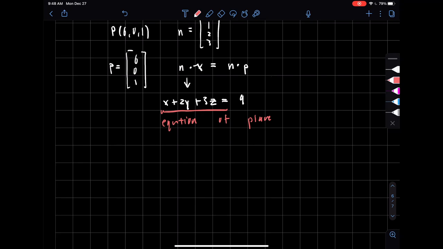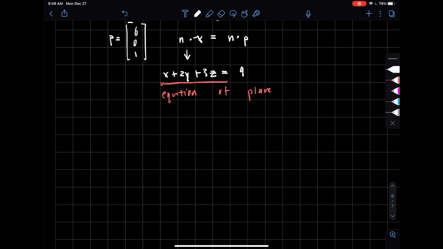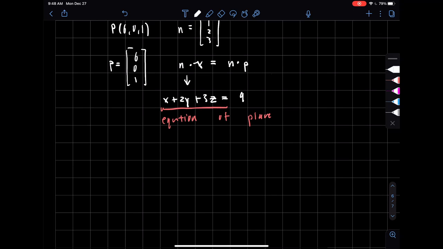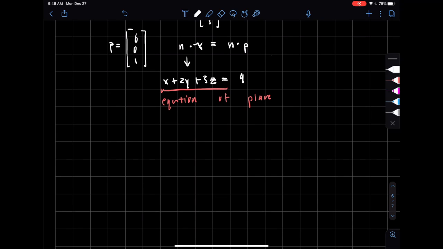Then we have to think about what values of x, y, and z would fulfill this requirement. Initially I thought (0, 0, 3) would work, and (1, 1, 2) would also work, but as you'll see, the textbook uses different numbers as components.